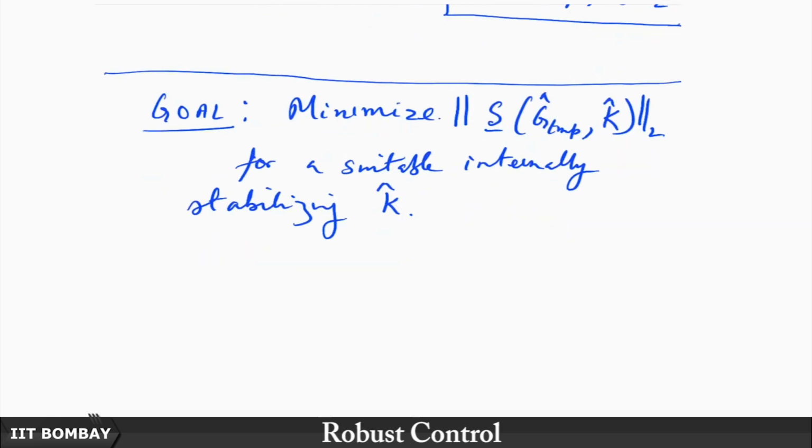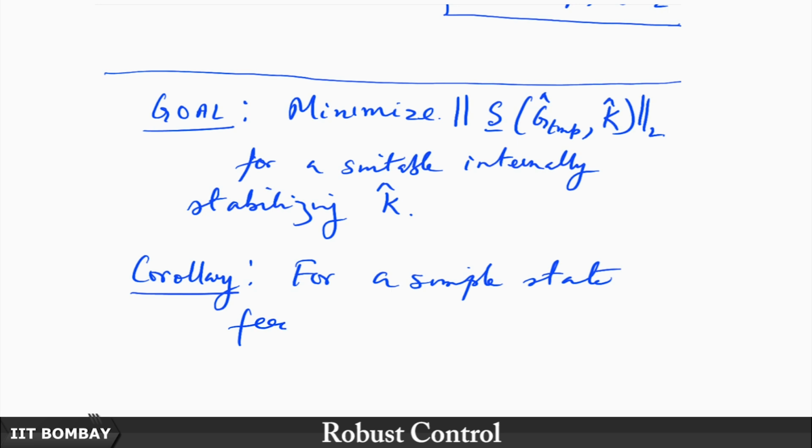So, one observation, we can state it as a corollary for a simple state feedback controller, which is when we assume that all our states are available at the output right away. We can observe all the states directly, that is the C matrix is the identity.